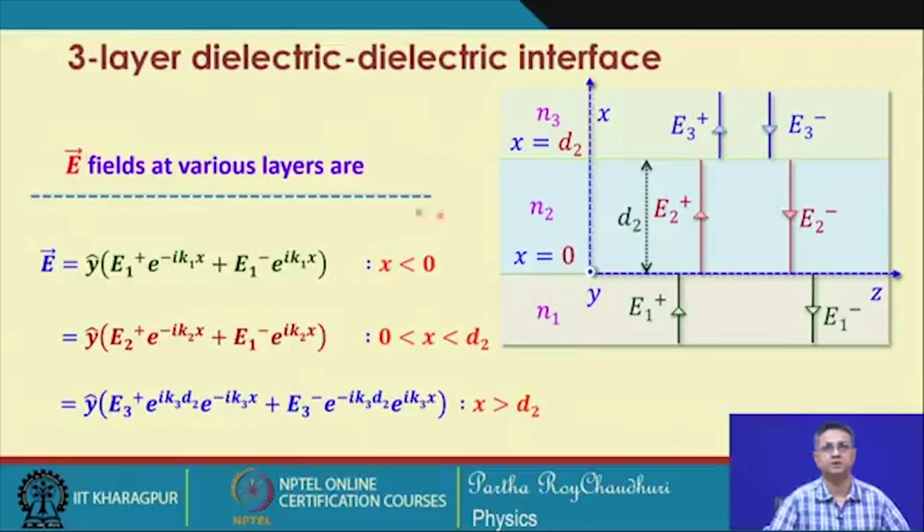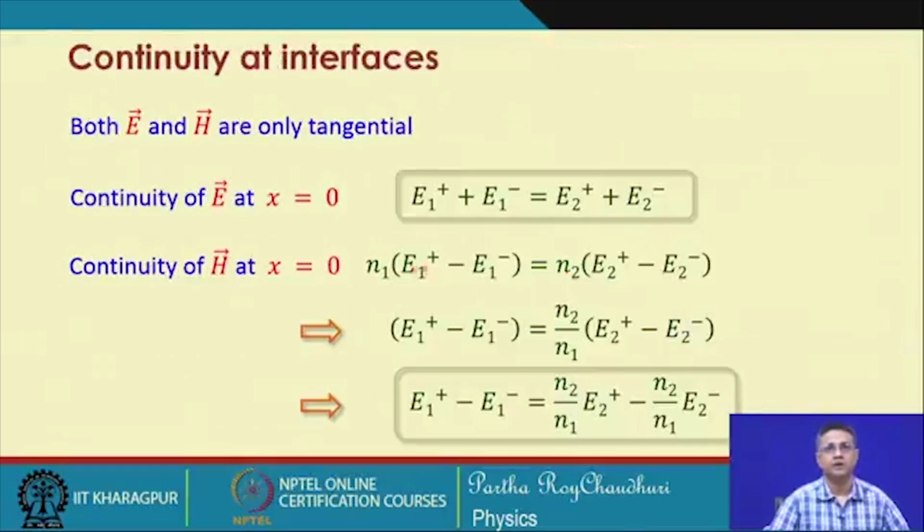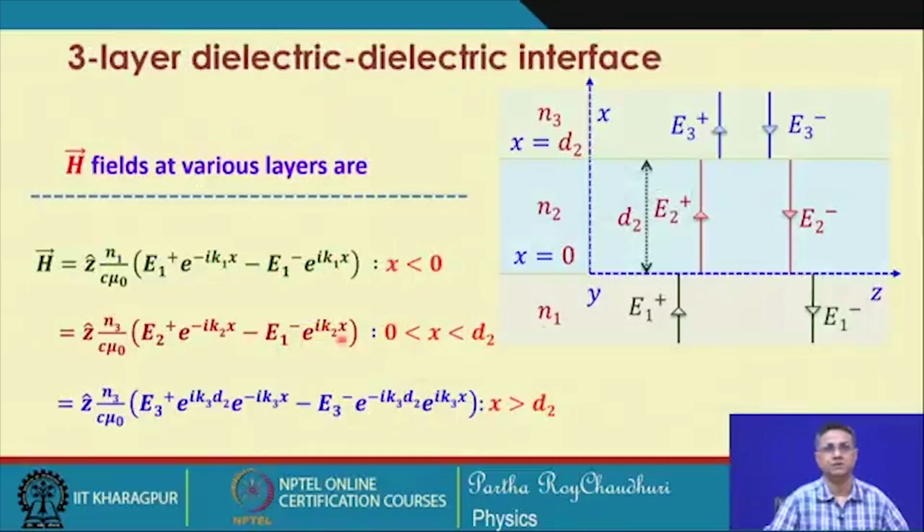At x equal to 0, you will have E1 plus and E1 minus, and for the H field at x equal to 0, we will have this relation. At this interface, this quantity will become E1 plus minus E1 minus multiplied by n1 upon c mu naught.